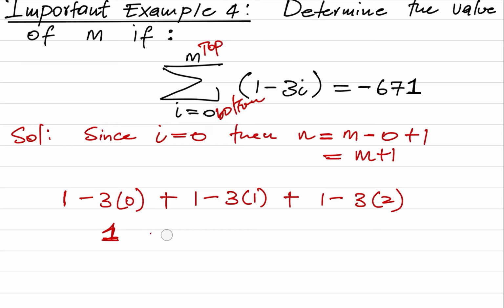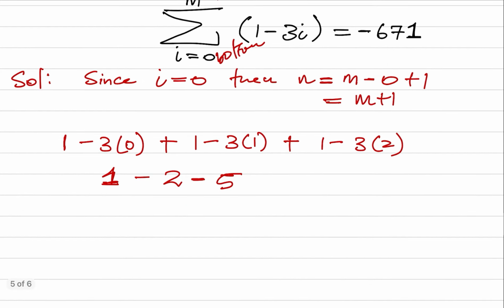Then 1 minus 3, we just have minus 2 here. Then 3 times 2 is 6, then 1 minus 6, we have minus 5 there.